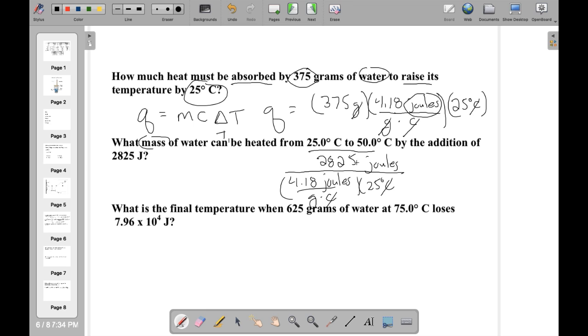So if I do this math, 2,825 divided by 4.18 times 25, I'm actually going to get my answer. By the way, these joules cancel too, so my answer is going to be in grams. And if I did all this math, I'm going to get 27 grams, and that will give me the answer.